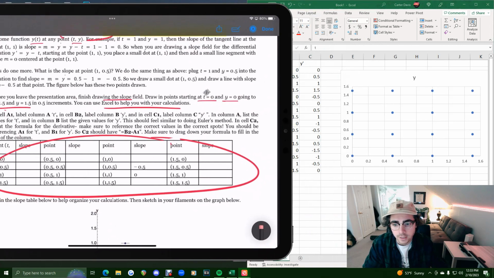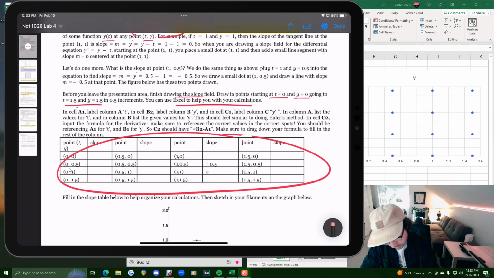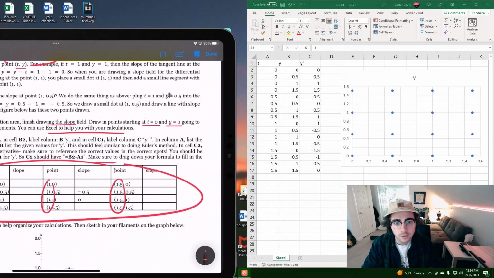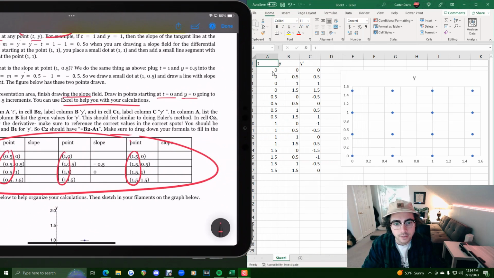What I did, I kind of finessed it. Sorry, this eraser is not the best. You'll notice that the t values are 0, then 0.5, then 1, and then 1.5. So along the t column, I've done four 0s, four 0.5s, four 1s, and four 1.5s.